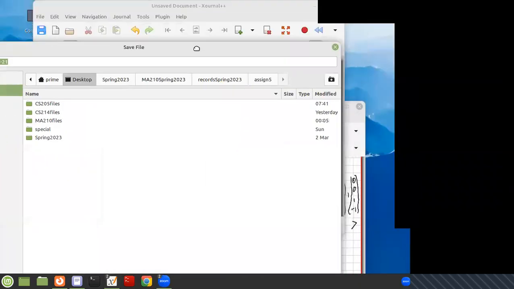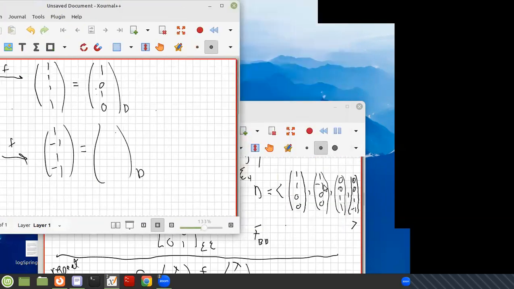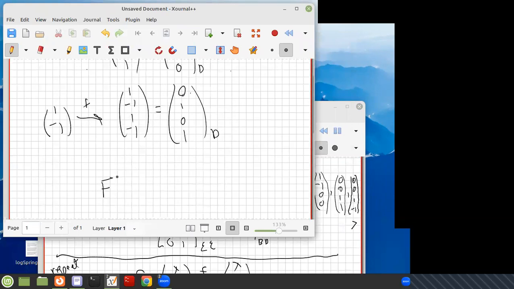Yes, so here, 1 minus 1 under F is going to give me 1 minus 1, 1 minus 1. Then over here, because this is the second one, I want 0, 1, 0, 1. So therefore, F, B, this is like a terrible example. Okay, 1, 0, 1, 0, 0, 1, 0, 1.